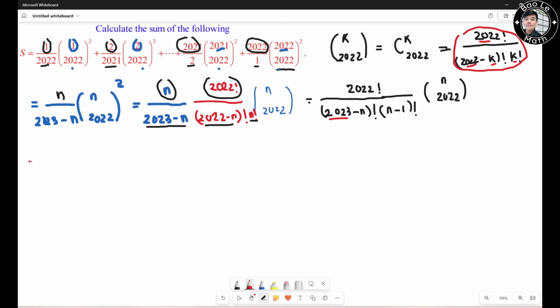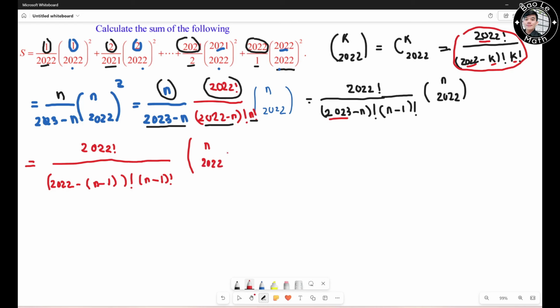So it turns out to be 2022 factorial over (2022 minus (n minus 1)) altogether factorial times (n minus 1) factorial, times the combination of n, 2022.